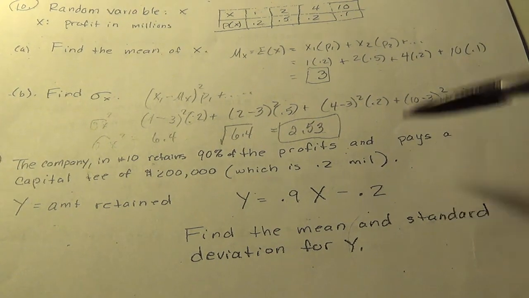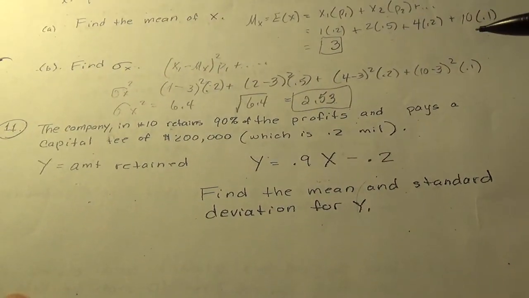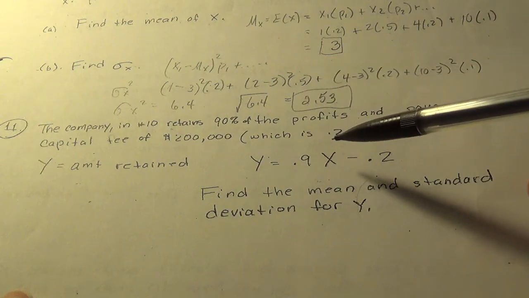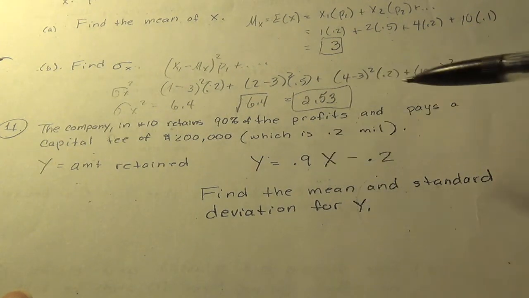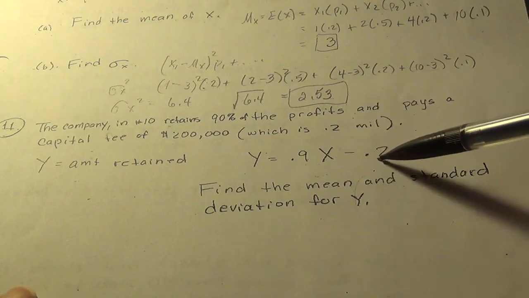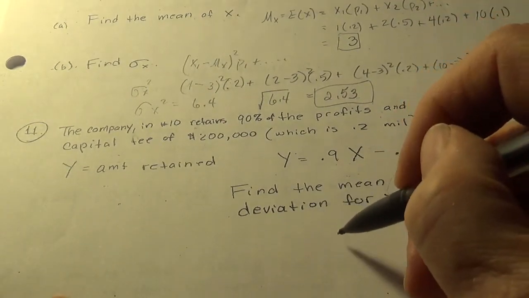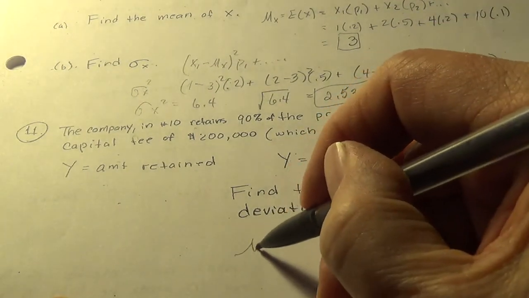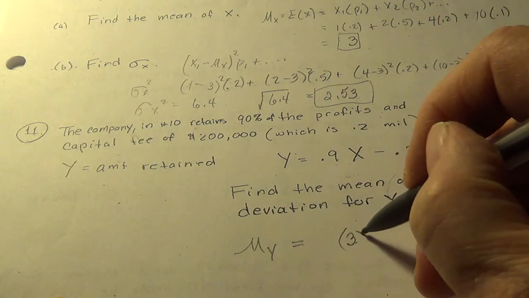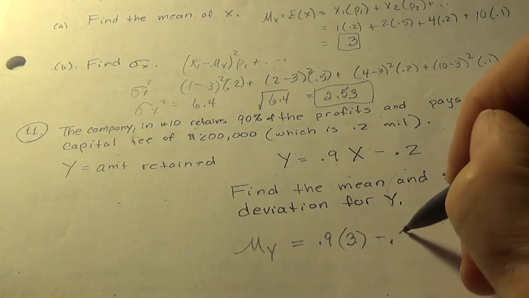So what we learned in that day 3, a linear transformation, linear combination, to find the mean, how is the mean affected when we actually take a random variable and multiply and add or subtract? It is actually affected by both operations. So we're going to grab the old mean of 3. And so the mean of y is going to be the old mean, which is 3, times the 0.9 minus the 0.2.